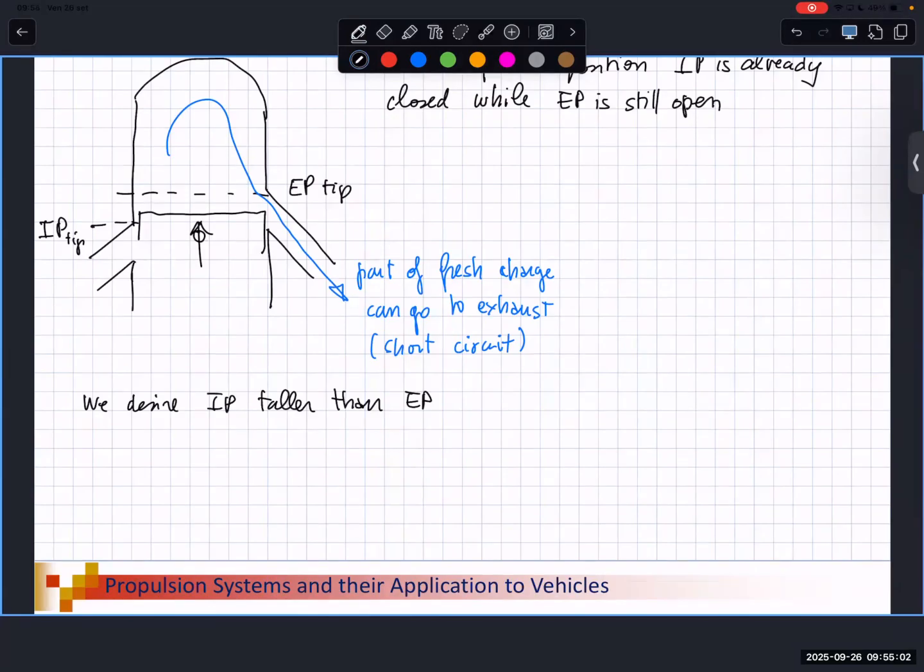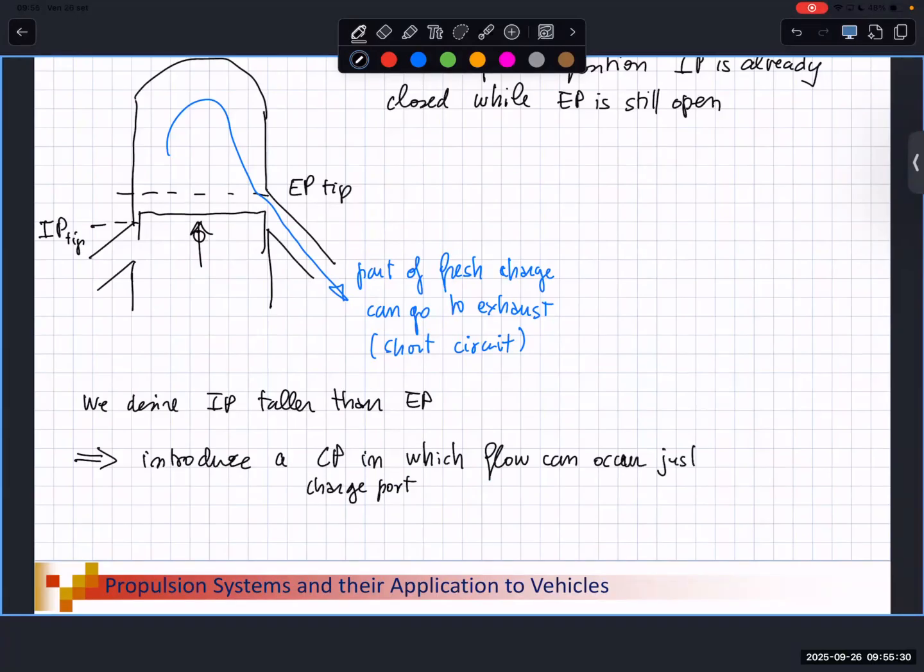So what we can do is introduce a charge port in which the flow can occur just in one direction, and the direction is to the cylinder.